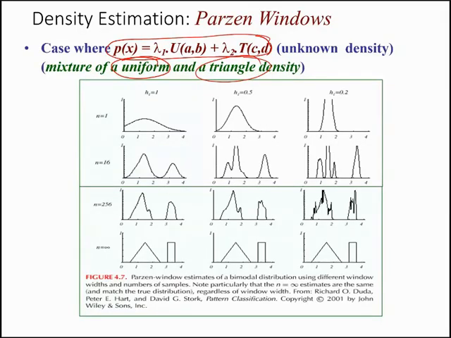Say here I am taking only one sample, and if I estimate using h equal to 1, so this will be my estimation. Now note that this is not the true estimation. The true distribution, I should say, is like this, where there is a triangle and there is a rectangle.